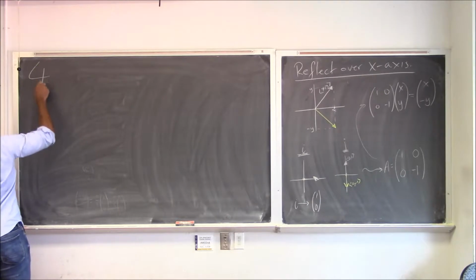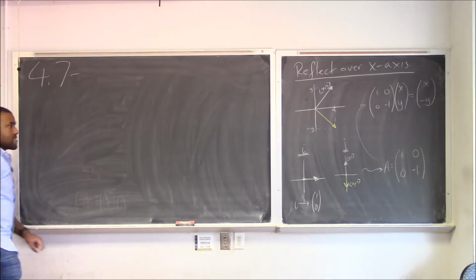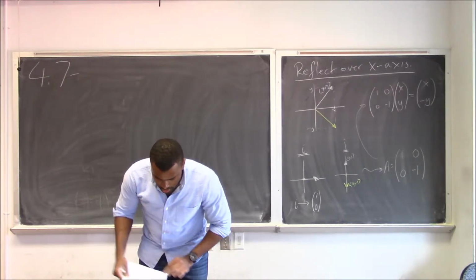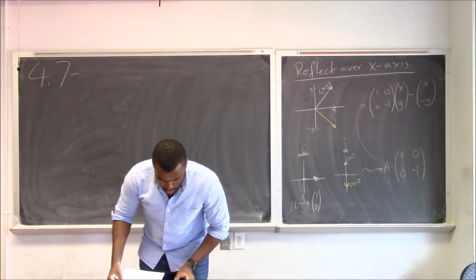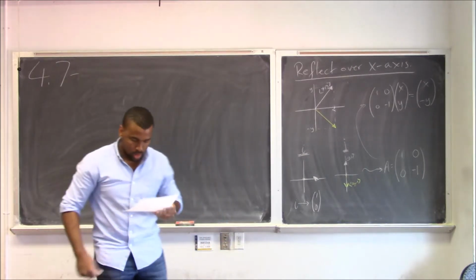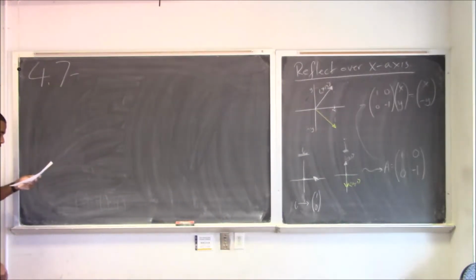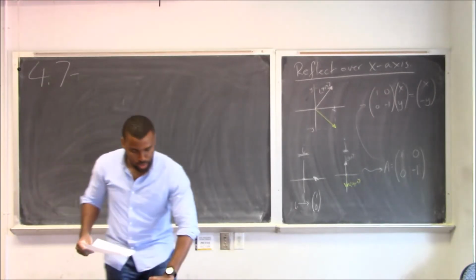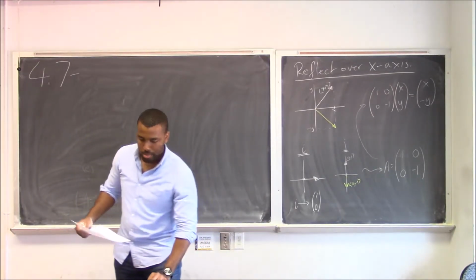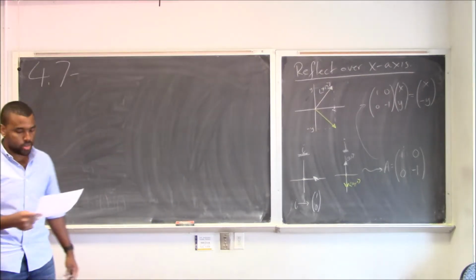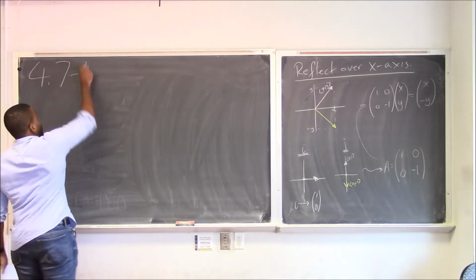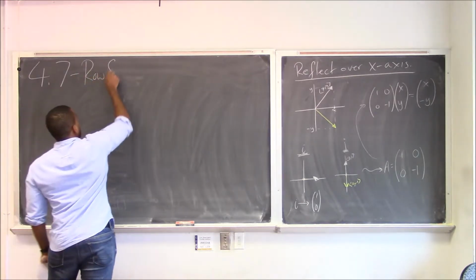Which brings us now to 4.7. It's a lot of definitions of new terms that will help us with 4.8, which expands the equivalence theorem, which will help us with chapter 8. In this section, we're going to talk about things like row space, column space, and null space.